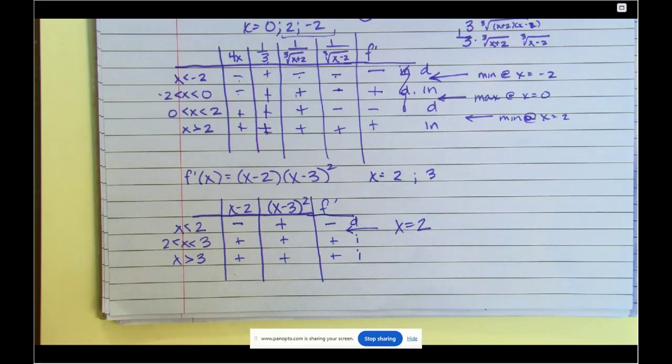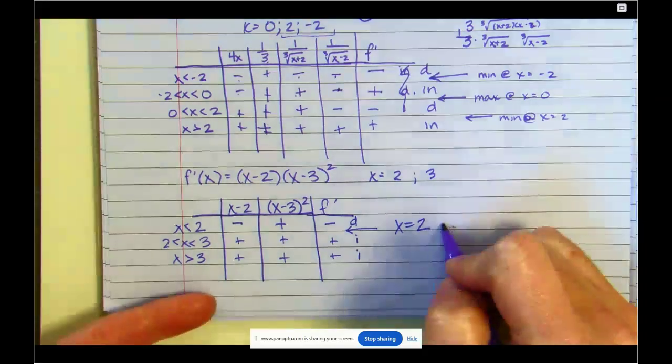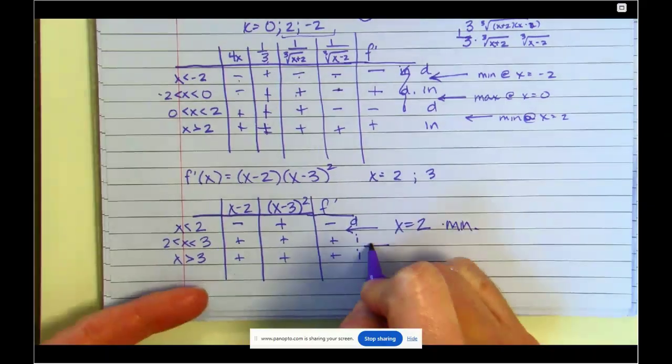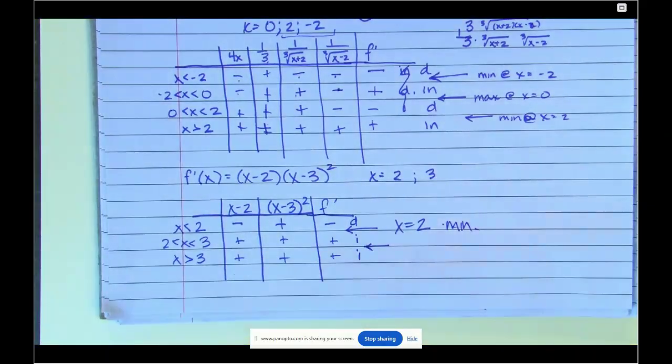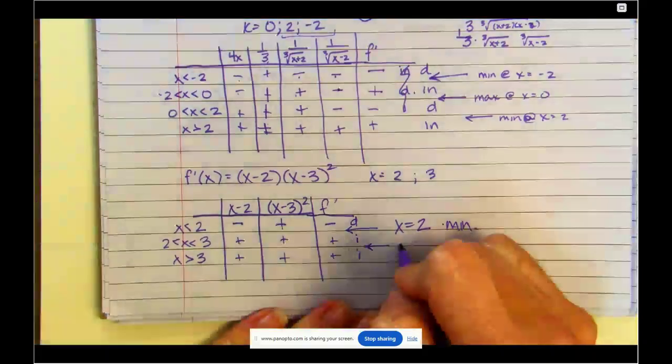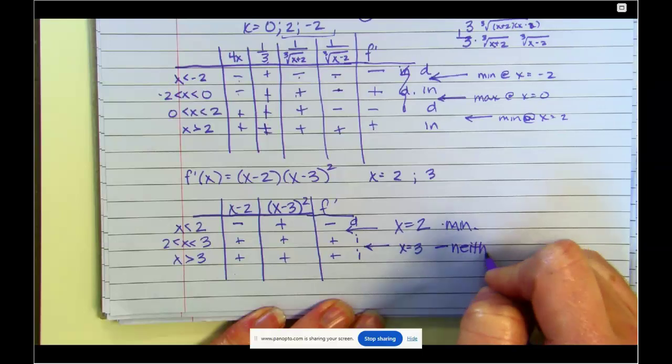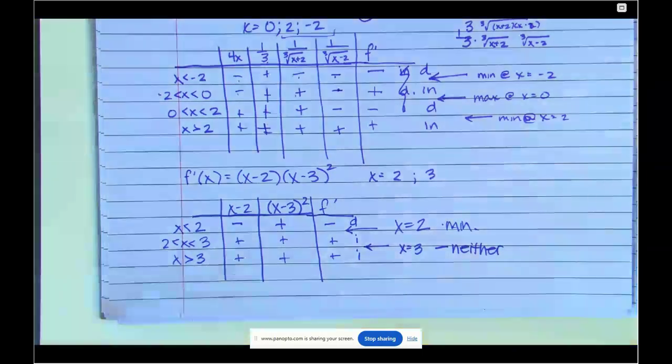At x equals 2, maximum, minimum, or neither? Minimum. You go from decreasing to increasing, so minimum. At x equals 3, neither. It is a critical value, which means the derivative equals 0 there, or it's undefined. It's 0 in this case. But the derivative doesn't change sign.